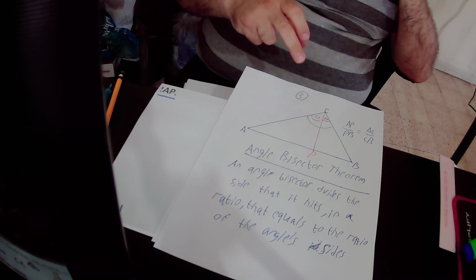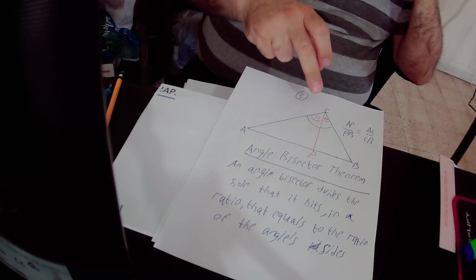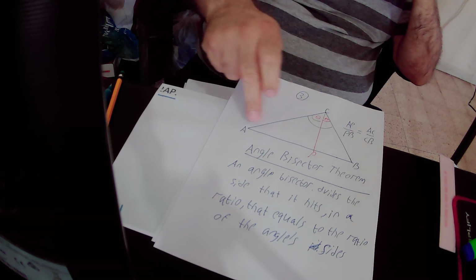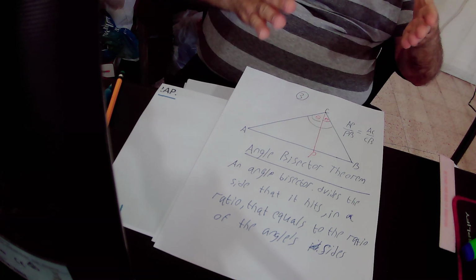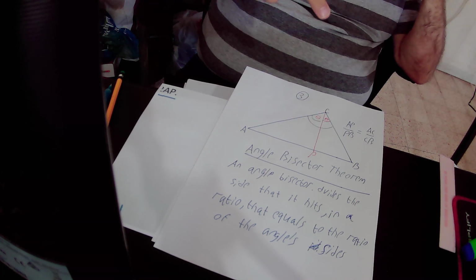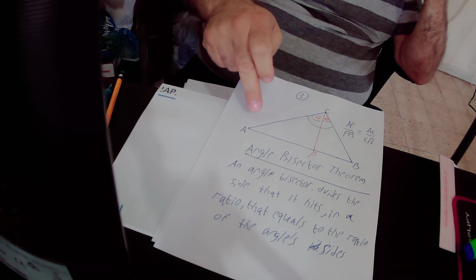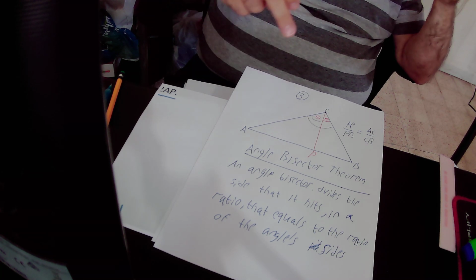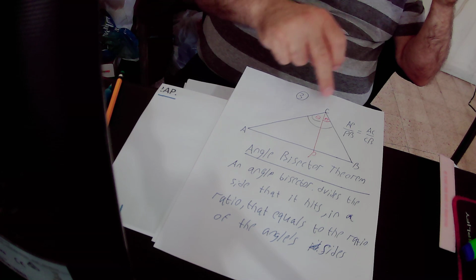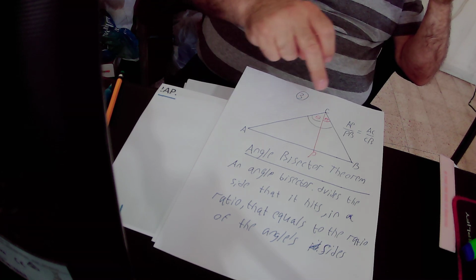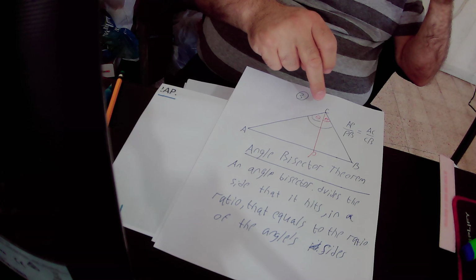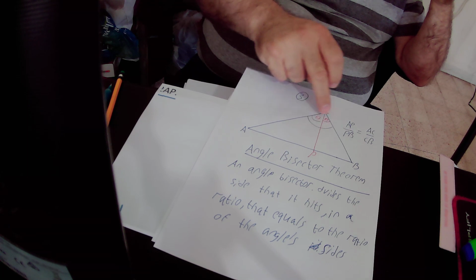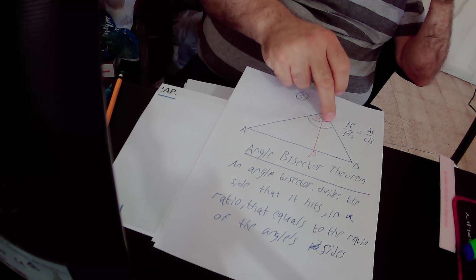And this angle bisector divides the side that it meets, side AB, into two parts, and the ratio between those two parts, AP over PB, equals the ratio between the sides of the angle that is divided into two equal angles, theta and theta.